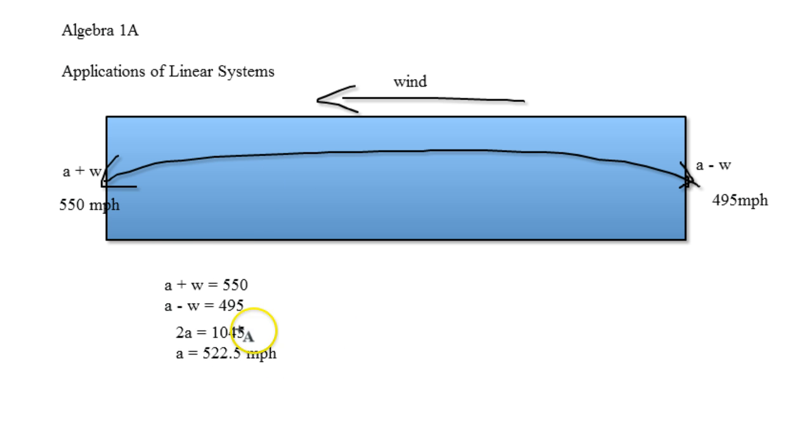Now, how much was the speed of the wind? We plug that into one of the equations. I'm going to probably plug it into the first one just because it makes it a lot easier. So 522.5 plus W equals 550. I subtract 522.5 from both sides, and I can find the speed of the wind.